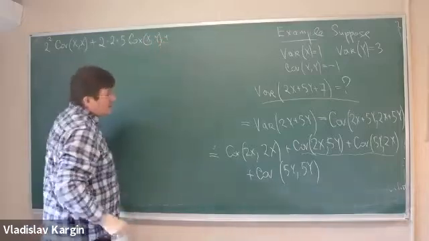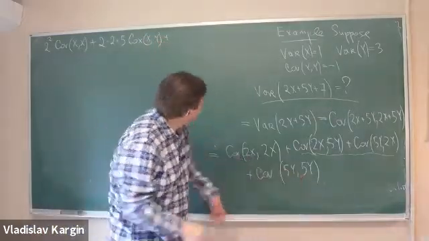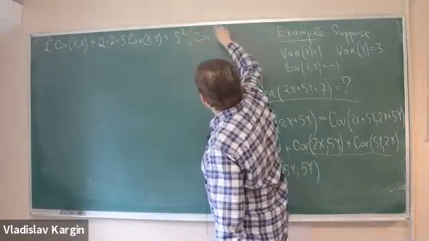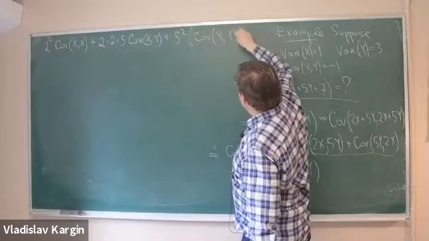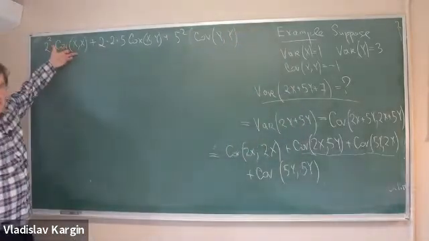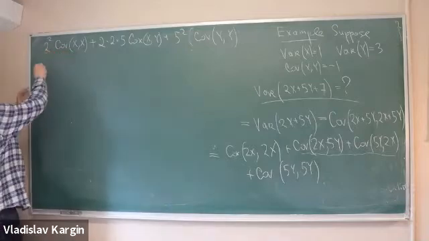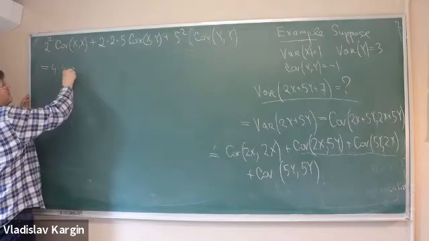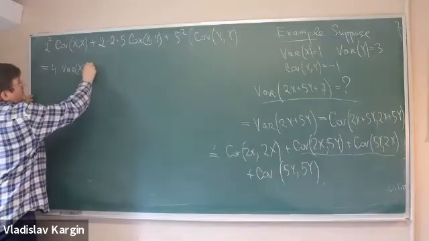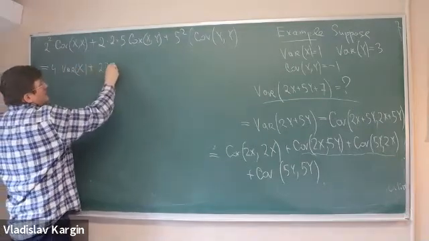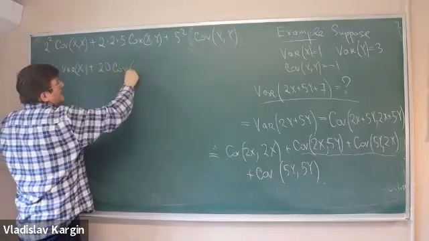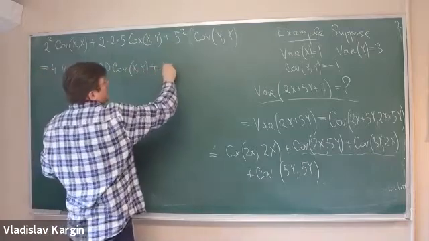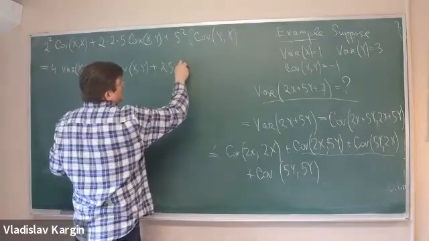And finally, 5 and 5 can be taken outside, so it will be 5 squared times the covariance of y and y. Again we use that the covariance of a variable with itself is its variance, so it's equal to 4 times the variance of x, plus 20 times the covariance of x, y, plus 25 multiplied by the variance of y.